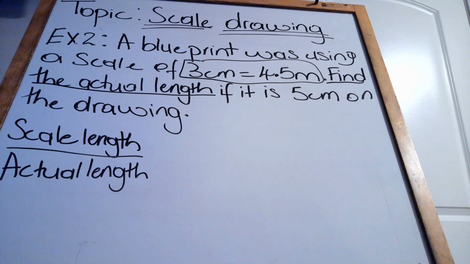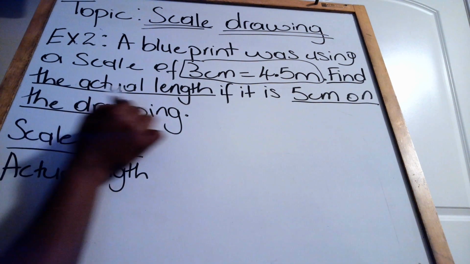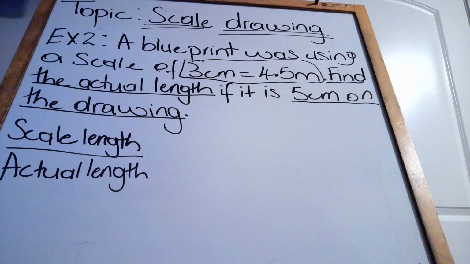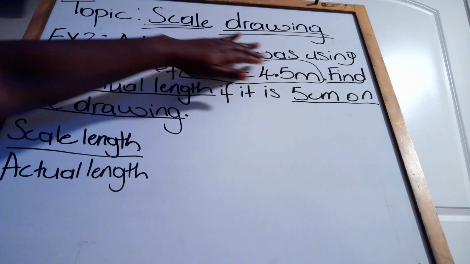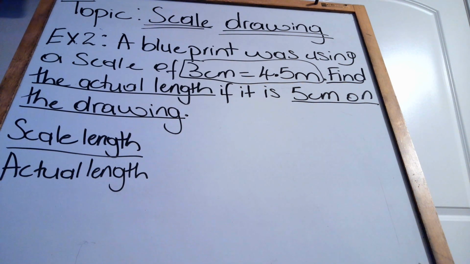That's the question. If 5 centimeters on the drawing, what is this telling us? This is saying every 3 centimeters on the drawing is actually 4.5 meters in real life.